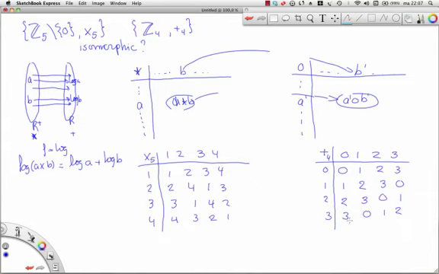Now if I look at the structure of this table, I see that it is beautifully regular, all these 2's on a row and all these 3's and so on. And can I find this structure here as well? Well, indeed I can, by switching the 3 and the 4. If I would switch these 2 columns and also these 2 rows, what would happen then?